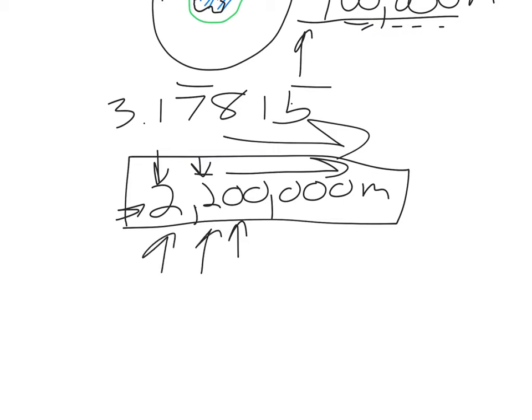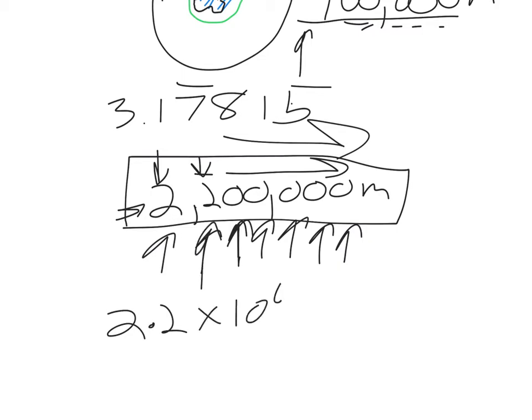Those were measurements. Those were measured values. I'm going to say that was 2.2. And I'm going to just keep track of all the zeros as powers of 10. 1, 2, 3, 4. This one was 5. And then notice I placed the decimal point here. So I actually have multiplied by another 10. So 2.2 times 10 to the 6th meters.